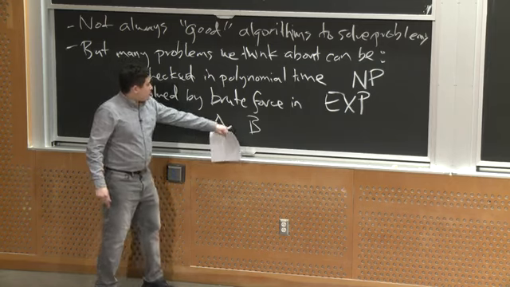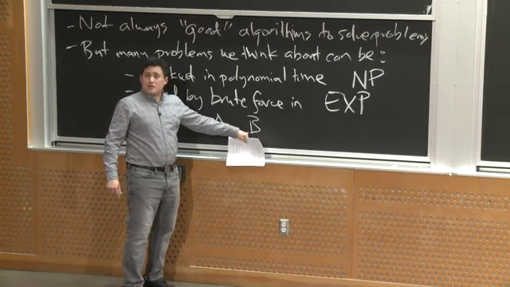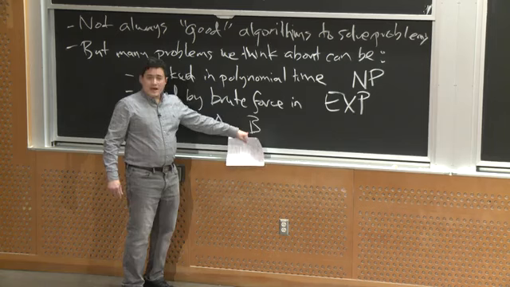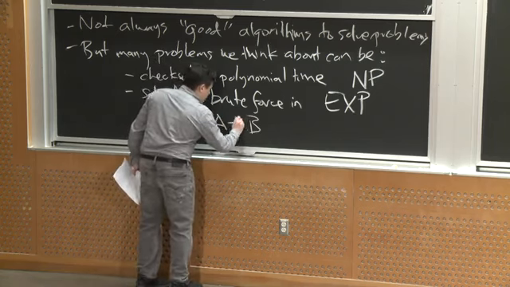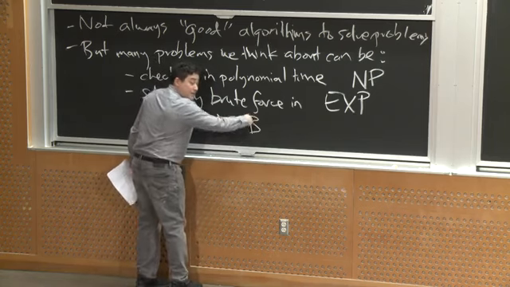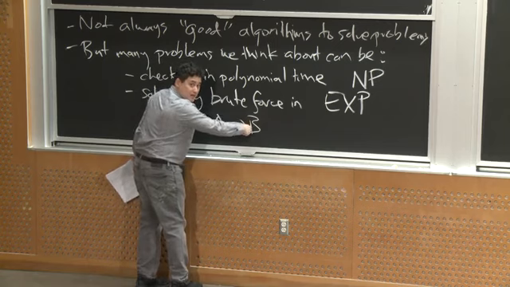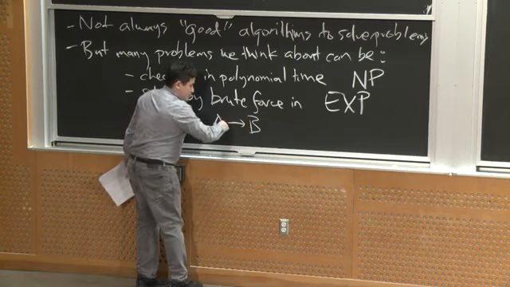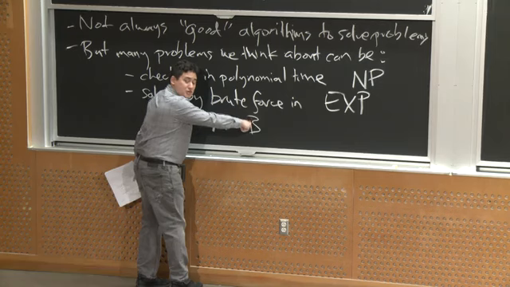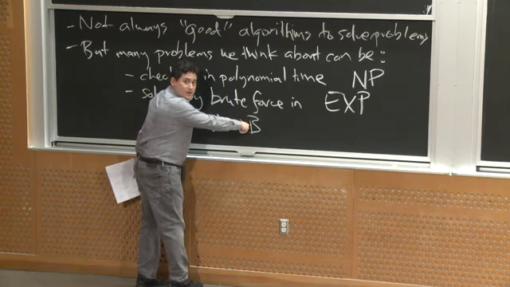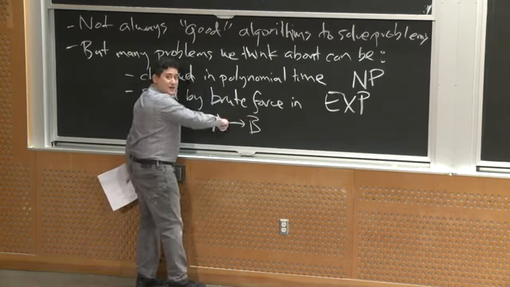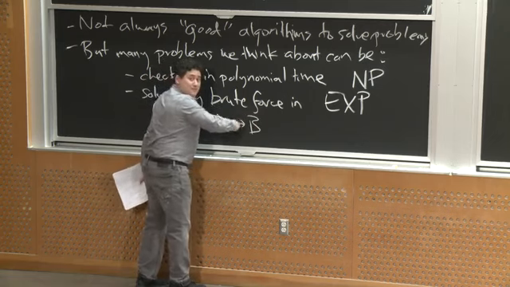If A is a problem that I'm interested in knowing the complexity of, and I can prove that I can solve it if I had a black box to solve B, any black box to solve B, and I could make this reduction in polynomial time, and if B is hard, that means A can't be easy.